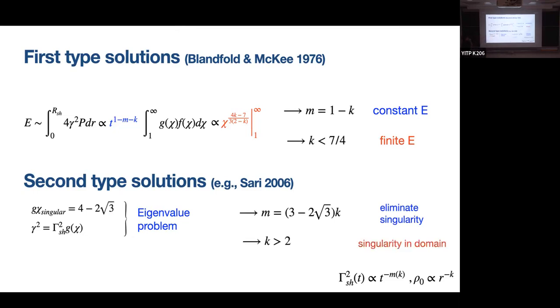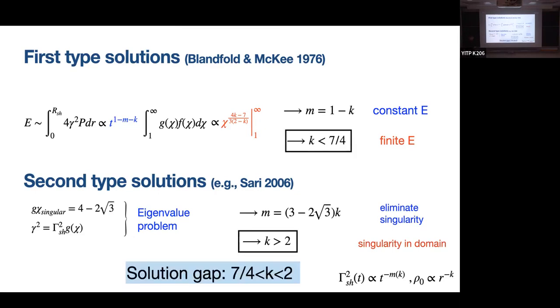But again, in the same way, the solution is trying to pass through the singularity only when k is larger than 2. So you can see that also here in the ultra-relativistic case, we have a solution gap where the self-similarity is not of first type and not of second type.